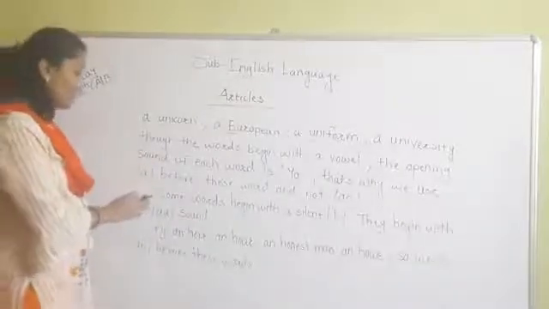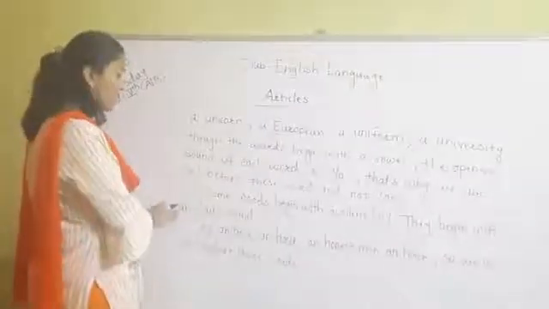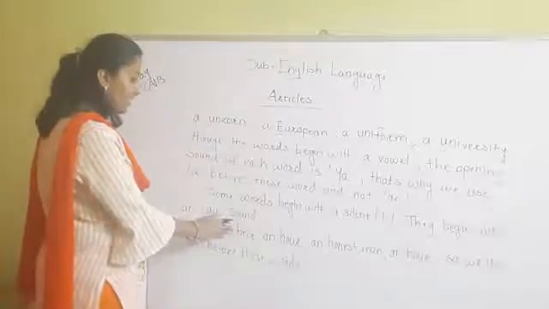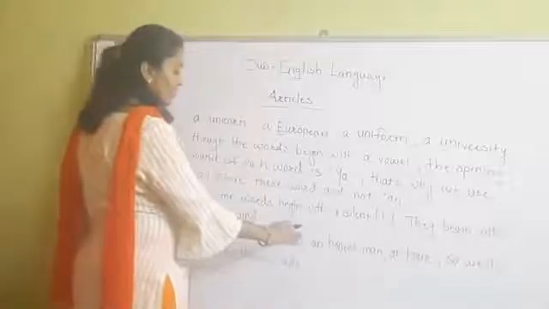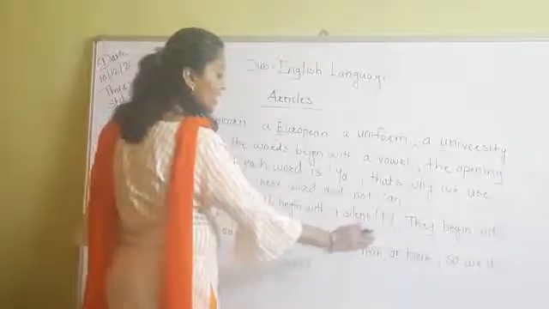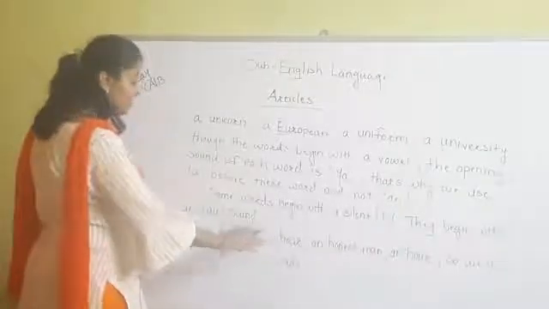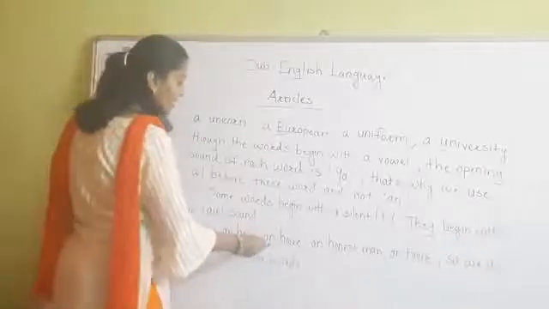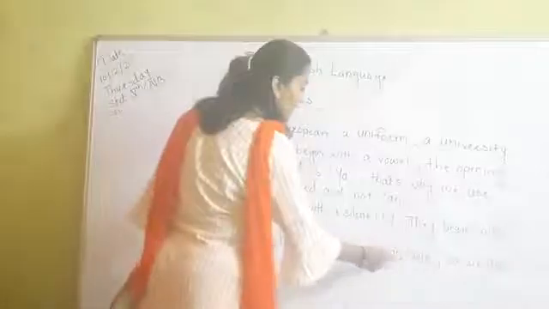As I have told you, some words begin with the silent H. They begin with an O sound. For example, an heir, an hour, an honest man, an hour. So we use an before these words. These are the exceptions, because in every word H is silent.